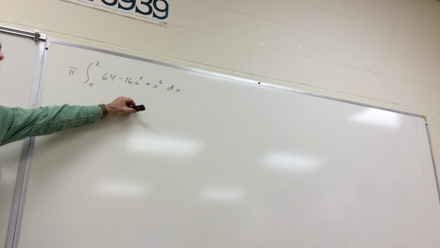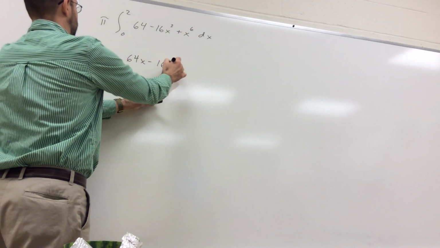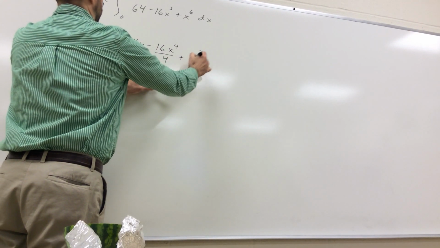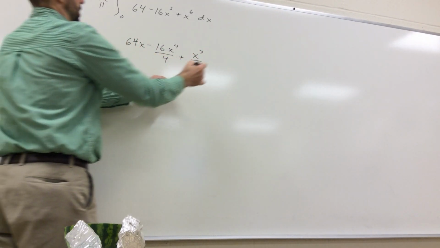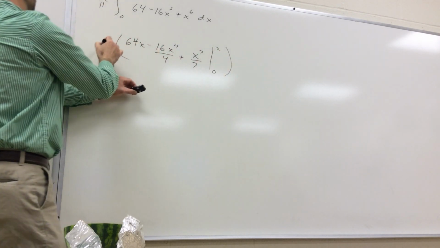You take the antiderivative. So that would be 64x minus 16x to the 4th over 4 plus x to the 7th over 7 from 0 to 2. And don't forget at the end you're going to multiply by pi.